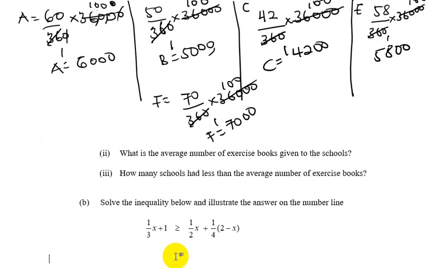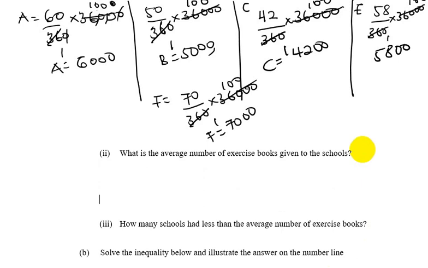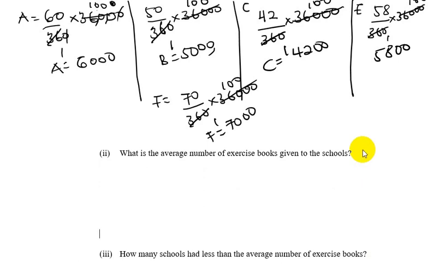Now, the II says, what is the average of exercise books given to each school? Now, the average is that we will add all the books, and we know that the total number of books is 36,000, right? So the average will be the total books, that's 36,000, divided by the number of schools.